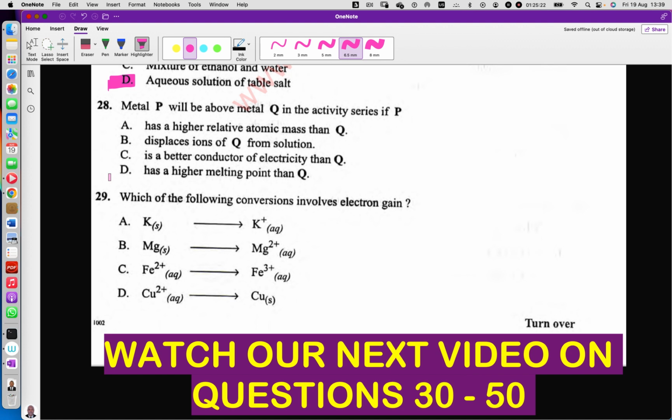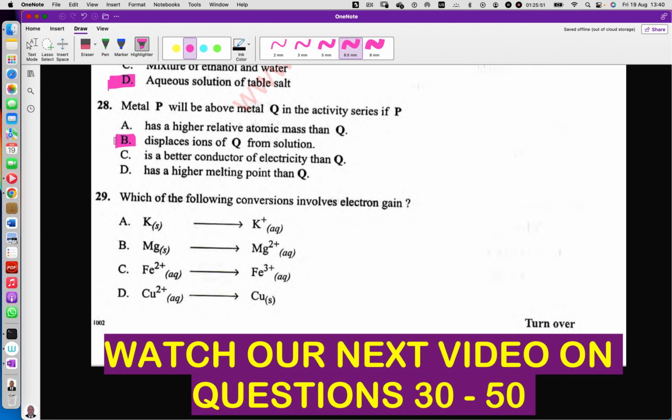In the reactivity series, the metal up will displace the one below. So metal P will be above metal Q in the reactivity series if P can displace ions of Q from solution. So our answer is B.